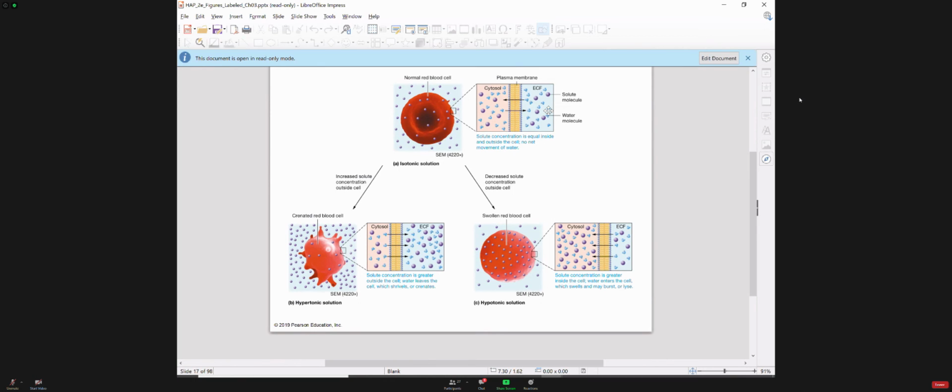So water moves from the area of low concentration of the solute, more water molecules, across the membrane to the area of high concentration of the solute, less water molecules, because the solute itself cannot move, only the water. The solvent will move. The water will move from one side to the other side.